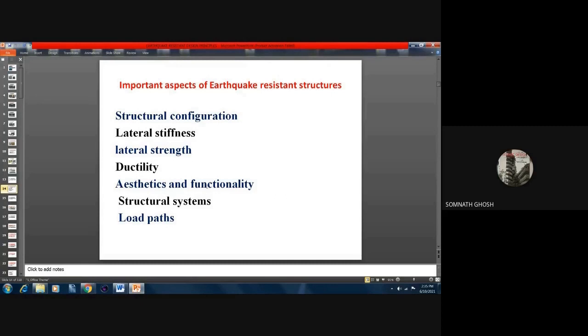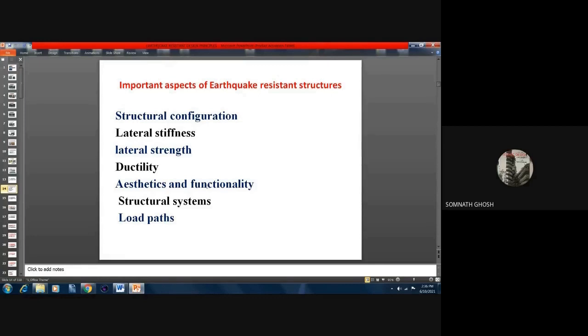So you have to talk to them, and finally you have to decide that aesthetics, functionality, all these things are maintained as required, and mutually agreed solutions. That is best. And for that, you have to choose the structural system in the most appropriate way.